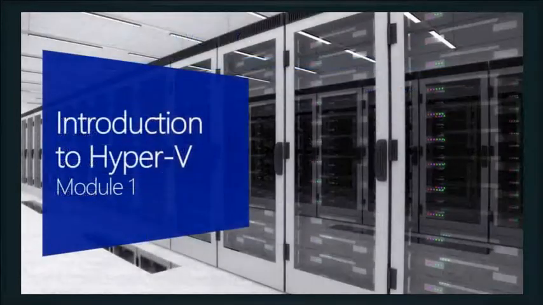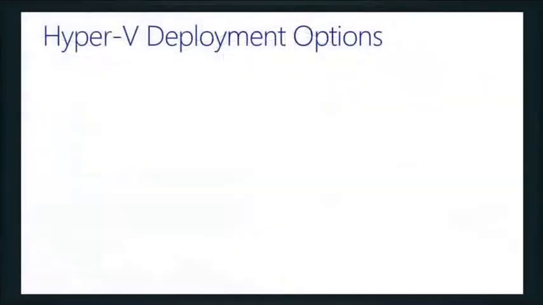So as we jump into the beginning, the Hyper-V module, a couple of ways we do deployments, and I want to talk about that first. There's a lot of people that think it's Windows installed first and then Hyper-V is installed, and actually what happens is when you install Hyper-V, and there's a couple of different ways to do that, there's a free version of Hyper-V Server, and there's also a Server 2012 download where you turn on the role of Hyper-V.